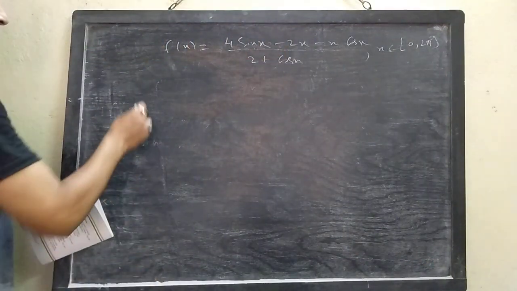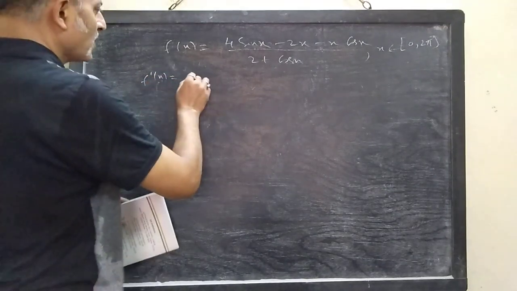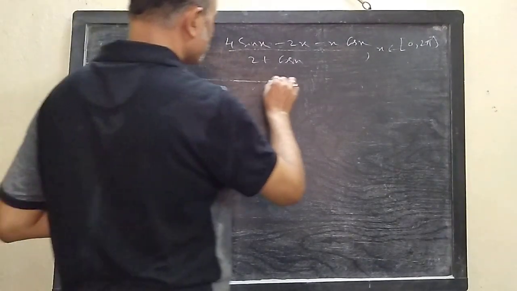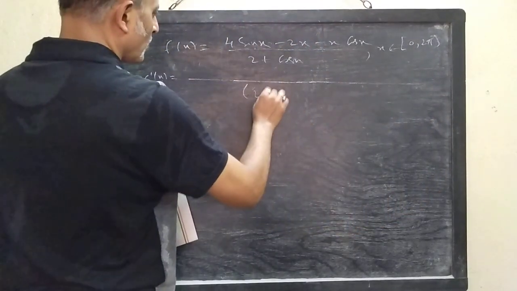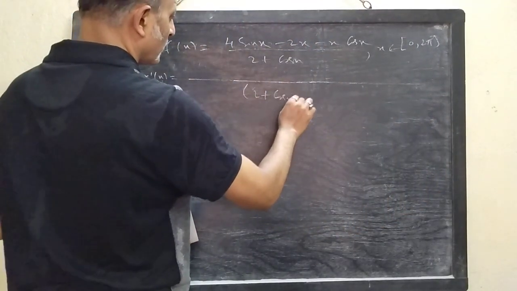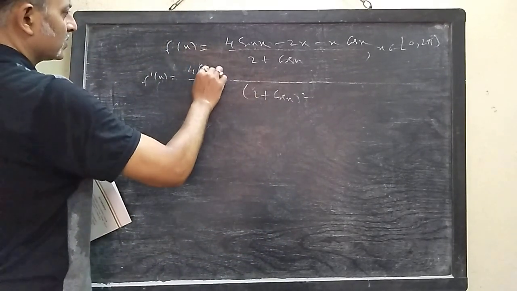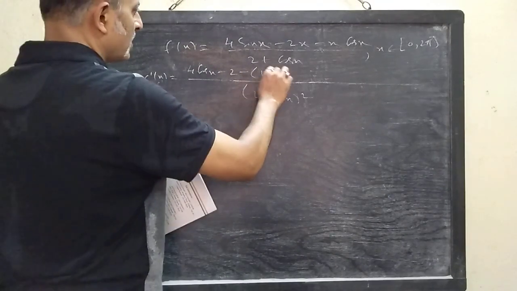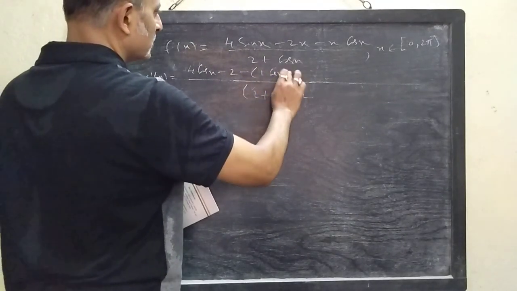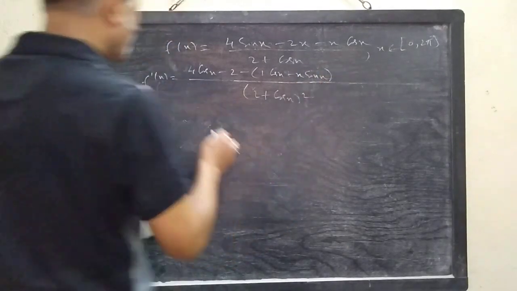So first find the derivative of the function, f dash x. Apply the quotient rule. This will be, over (2 plus cos x) whole square, the numerator (4 cos x minus 2 minus 1 into cos x minus x into sin x).